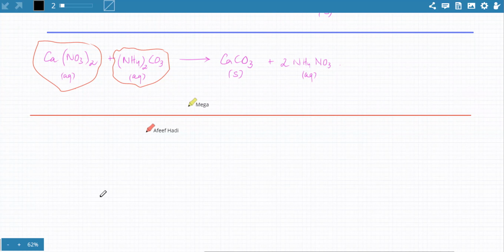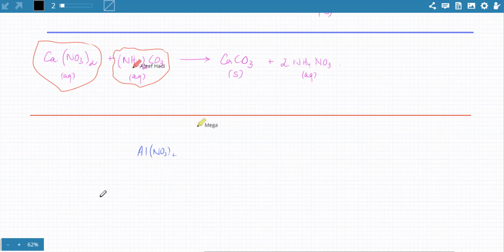Now do the simple exercise. We've done three. Tell me how you would make the salts I'm going to write down. Aluminum nitrate. This is what you have to make. That's one.